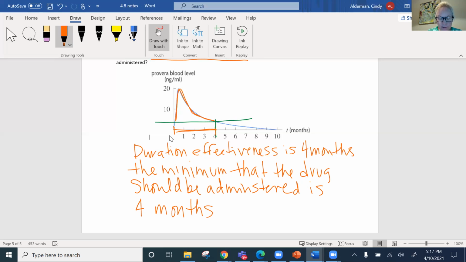Okay, so it says, when should the second dose be given if the doses are to be as far apart as possible while still maintaining effectiveness?